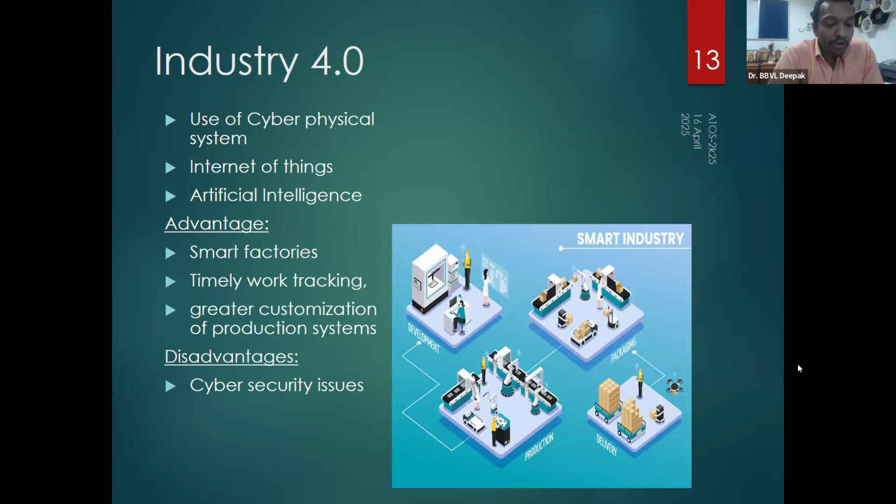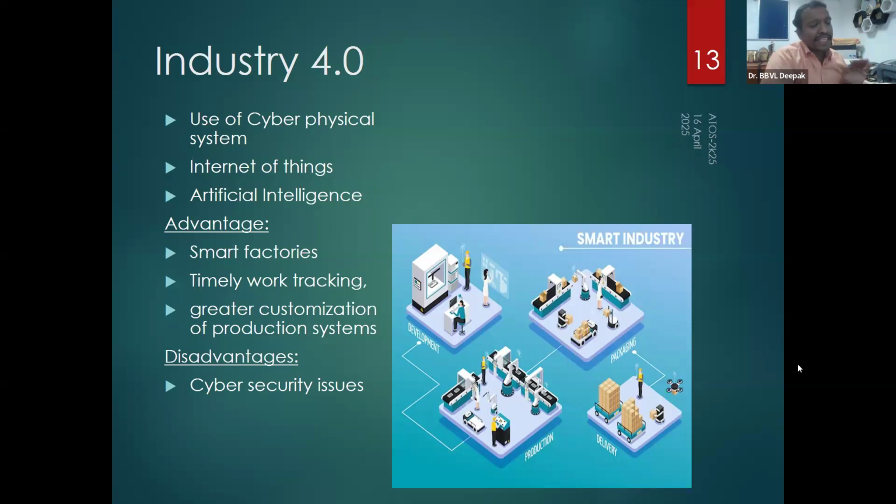Then these robots are coordinated with each other, and they know the sequence of operations, which is called job scheduling. Once the sequence of operations is known, robot 1 performs certain tasks, robot 2 performs certain tasks, and then again the material will be transferred to some robot, and then it will be at the delivery by again some autonomous guided vehicle, or UGV or UAV, or anything else we can say.